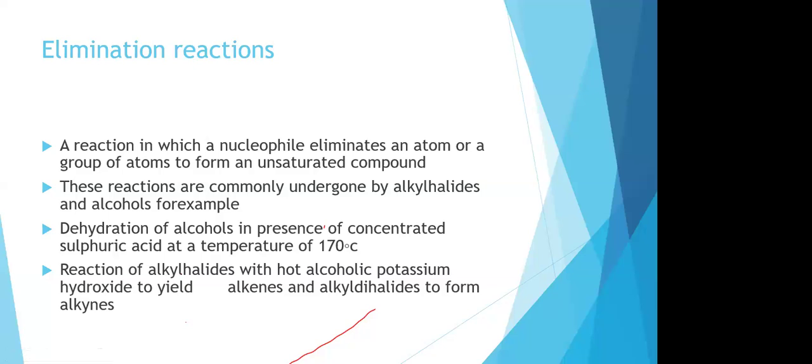I believe the majority of us were told that primary alkyl halides, when you react them with hot alcoholic potassium hydroxide, yield ethers, not alkenes. So when you will be doing synthesis, please don't make that mistake, like having chloroethane and then putting this reaction to say that you are forming an alkene.